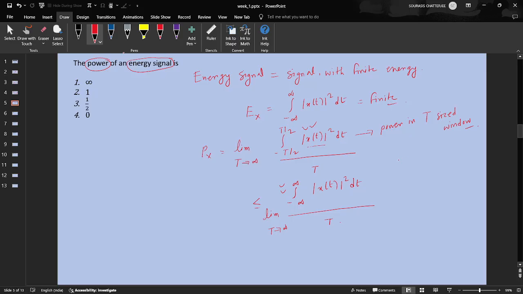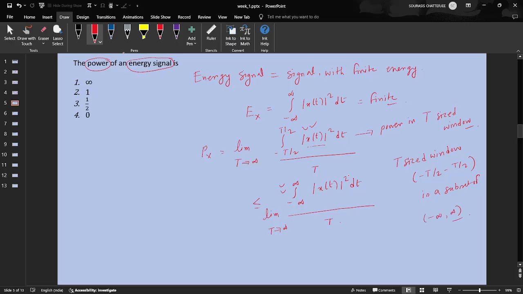So let me emphasize here, when I call T-sized window, that is minus T by 2 to T by 2, it is a subset of minus infinity to infinity.